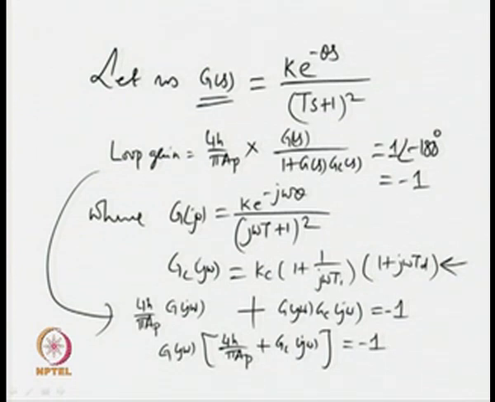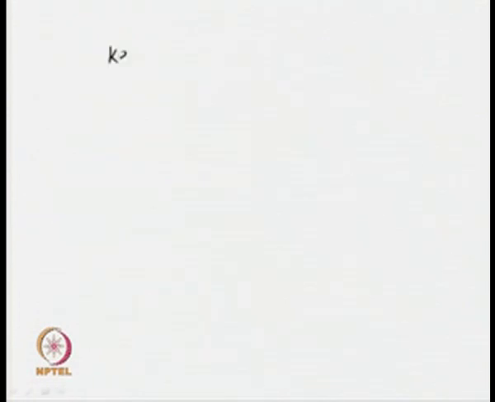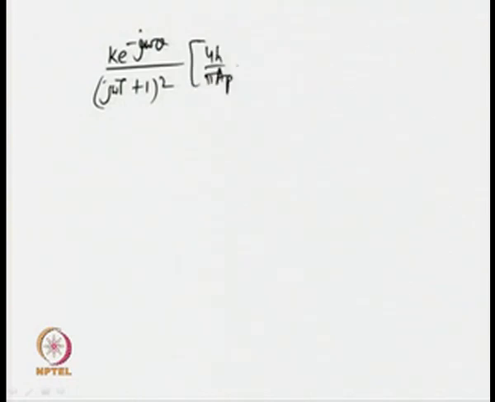Okay. So, substitute for G(j omega) and Gc(j omega). G(j omega) is K e^(-j omega theta) divided by (j omega T + 1)^2, multiplied by 4h/(pi a p) plus the dynamics of the controller.